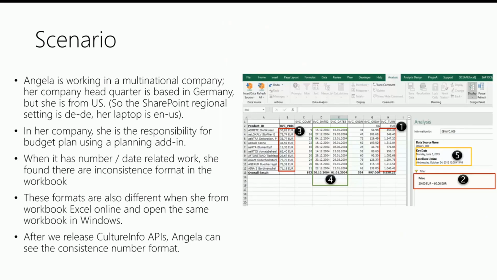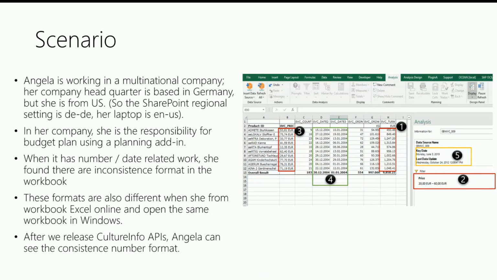Okay, here's a scenario. Angela is working in a multinational company. Her headquarters is based in Germany, but she is from the US. Therefore, the setting for SharePoint is German, but her laptop is in the US. In the company, she is responsible for budget planning and has a planning add-in.